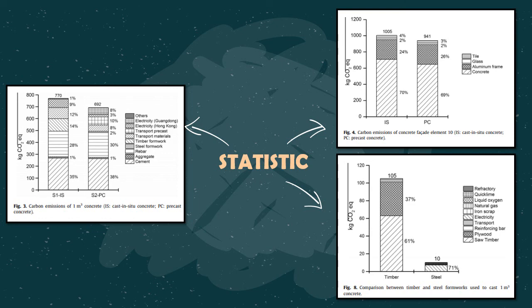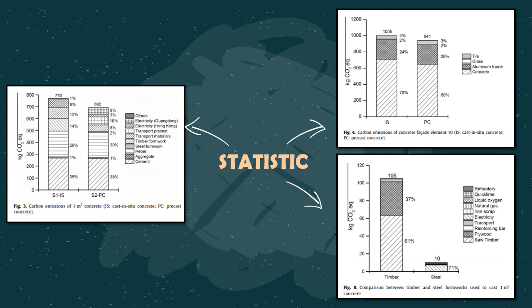Based on the three graphs, we can see that the precast method contributes a lesser amount of CO2 compared to in situ casting. As we all notice nowadays, rapid economic development consumes large amounts of resources and degrades the environment.